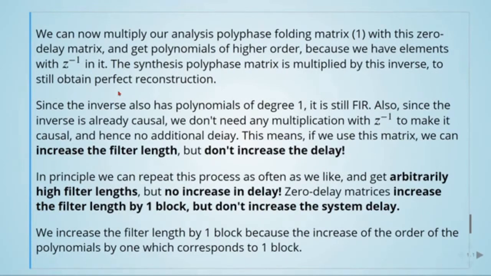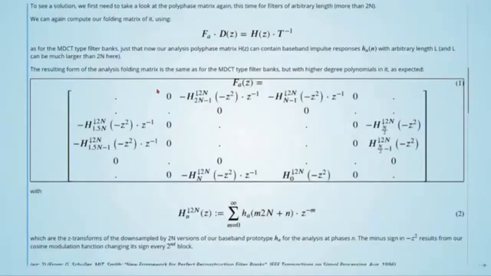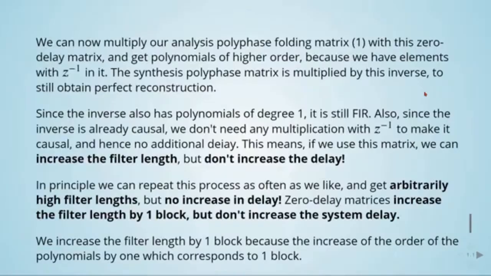We can now multiply our analysis polyphase folding matrix 1 to the analysis folding matrix 1 with the zero delay matrix and get polynomials of higher order, because we have elements with z to the power of minus 1 in it. The synthesis polyphase matrix is multiplied by this inverse to still obtain perfect reconstruction.